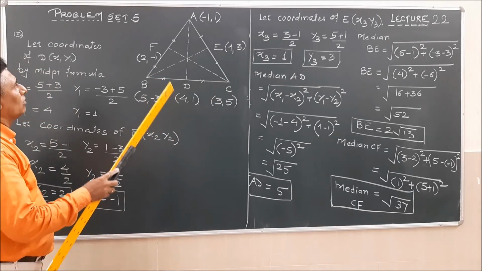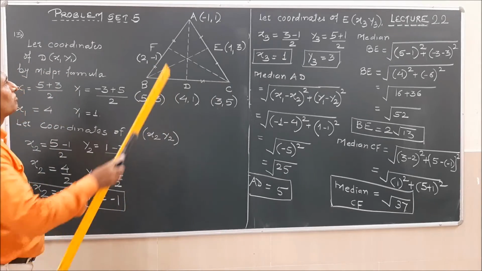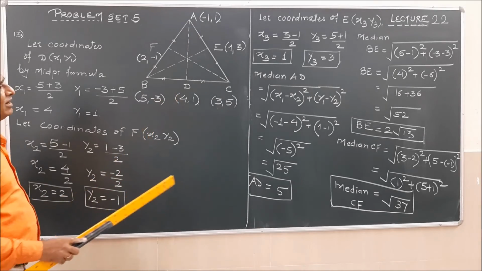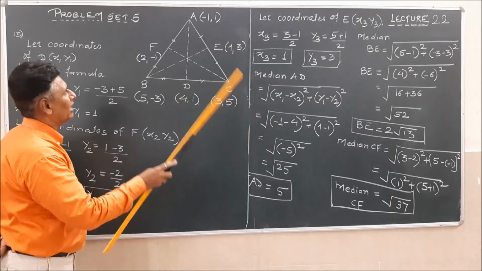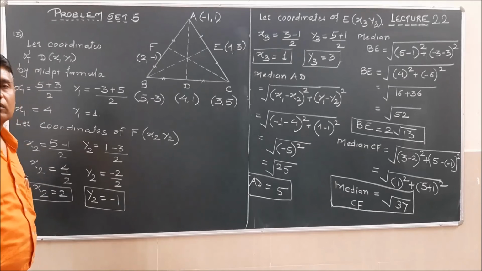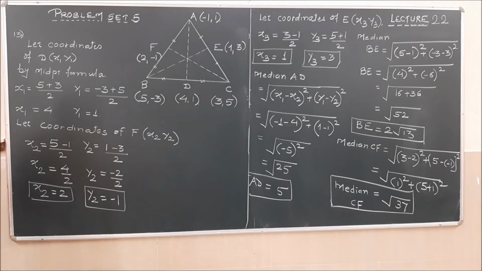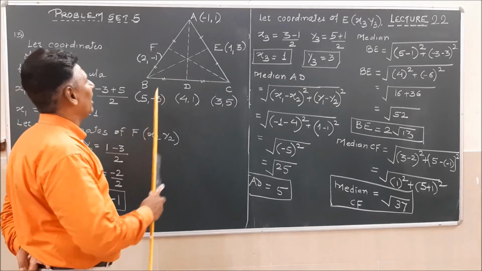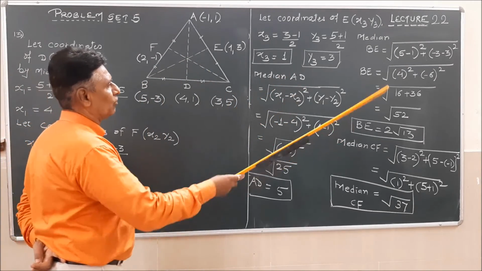Then AD is equal to root of x1 minus x2 the whole square, minus 1 minus 4 the whole square, that is minus 5 square. Correct? Because 1 minus 1 is ultimately going to be 0. That is root 25. Then let's find out BE. BE is 5 minus 1 the whole square, that is 4 square here.